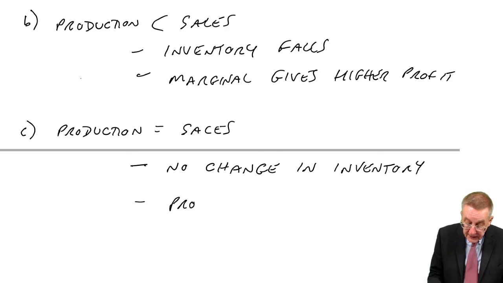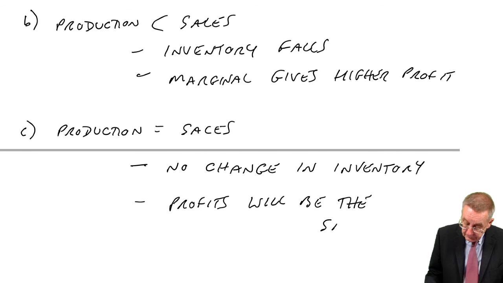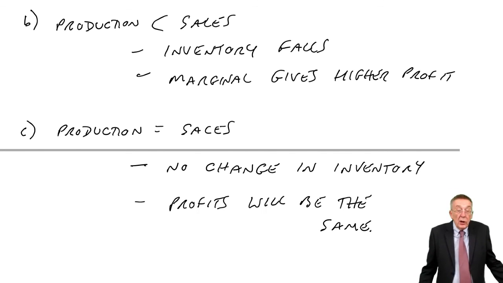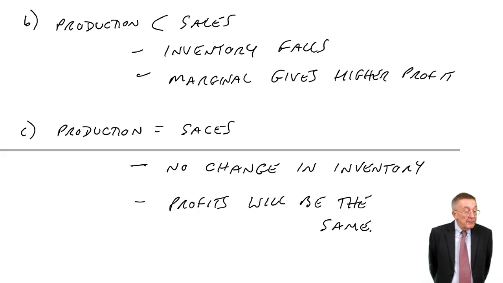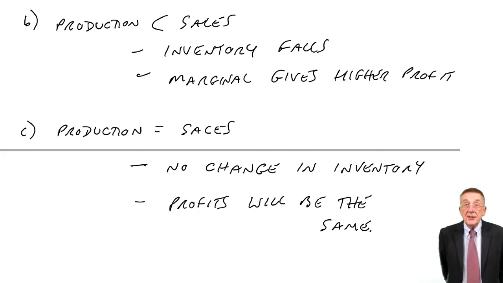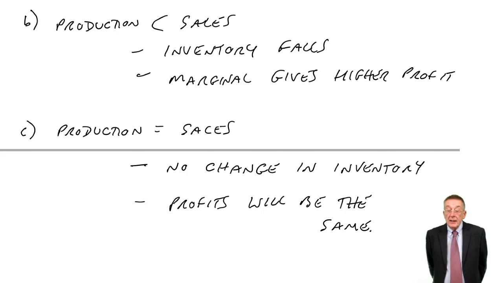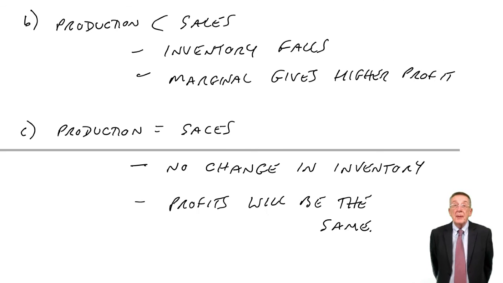The profits will be the same. I think you can take my word for that. If you're at all unconvinced, go back to example 1 and make up a figure for March. Have in March produce 10,000, sell 10,000. Do it both ways and you'll find that that's the one time when both methods give the same profit.